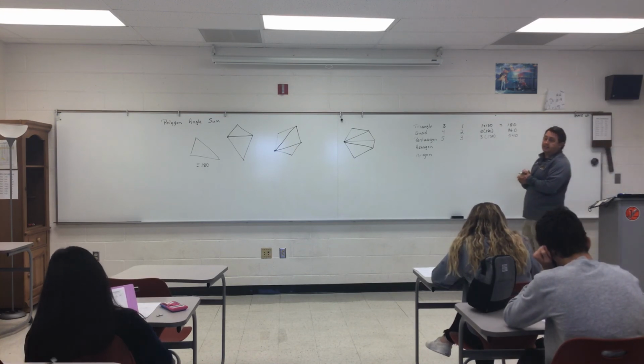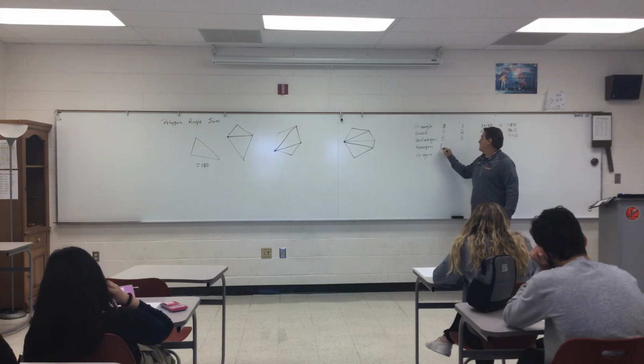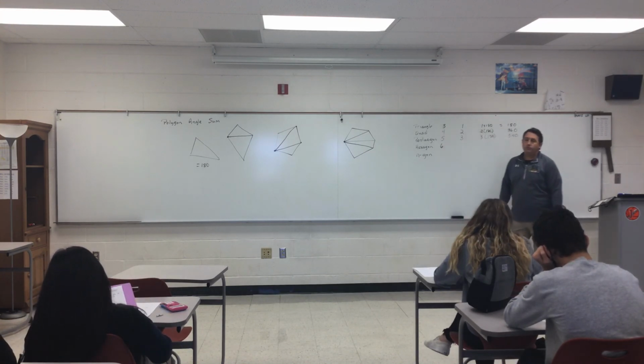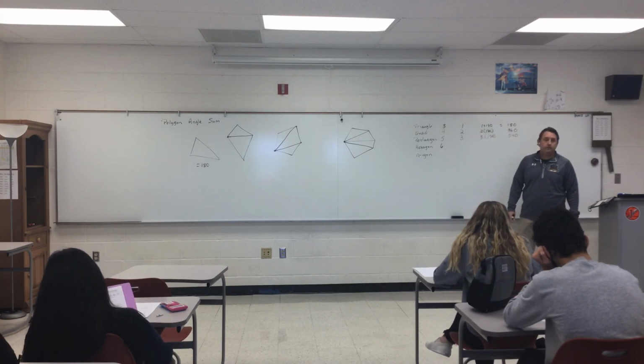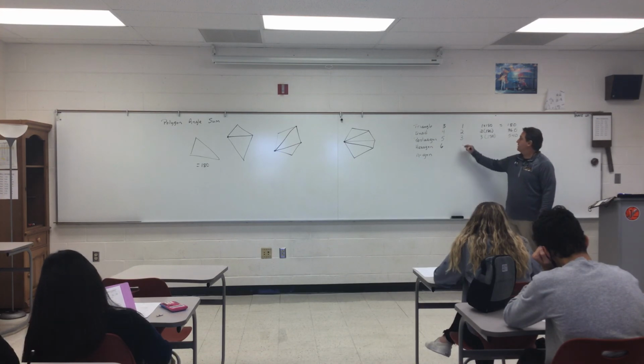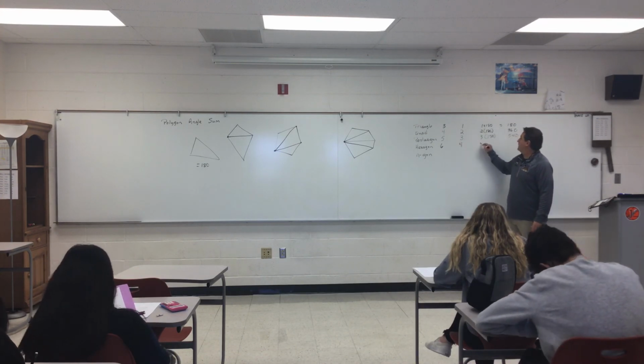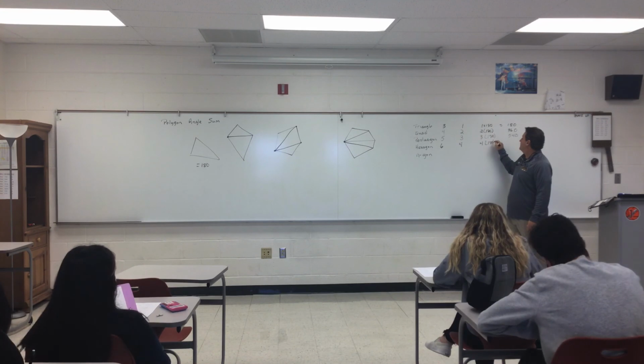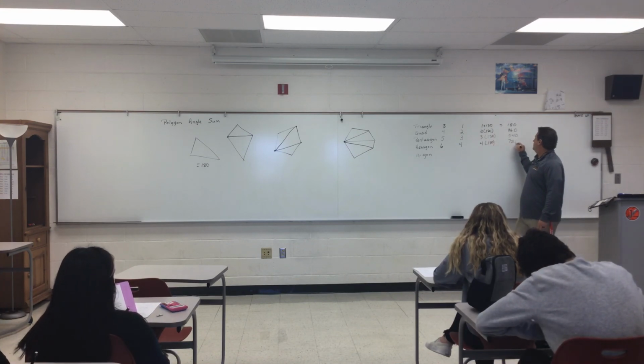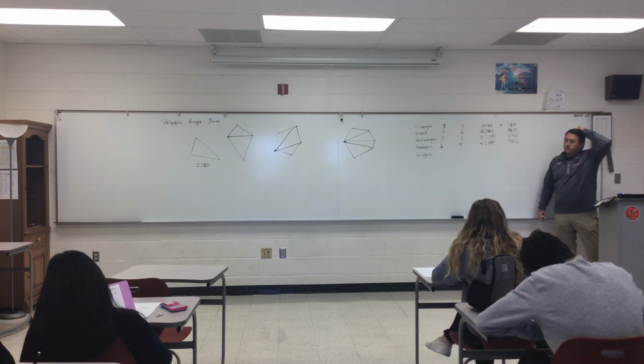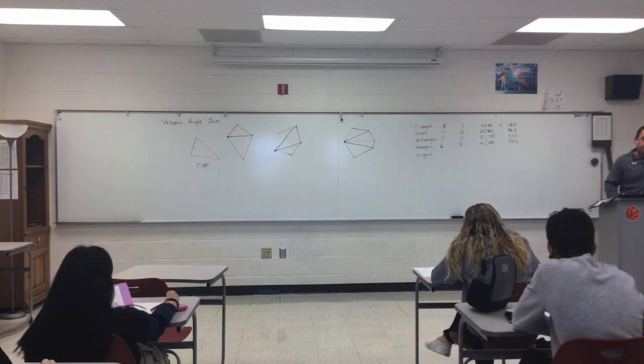Hexagon has 6 sides. How many triangles did we say were in the hexagon? 4. So we would take 4 times 180. So we would get 720 degrees.